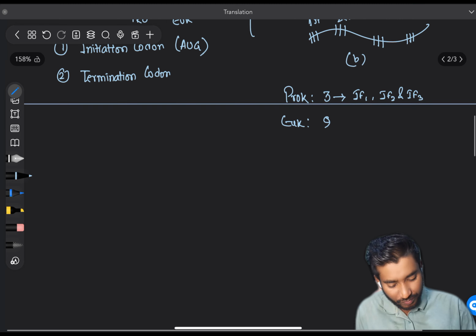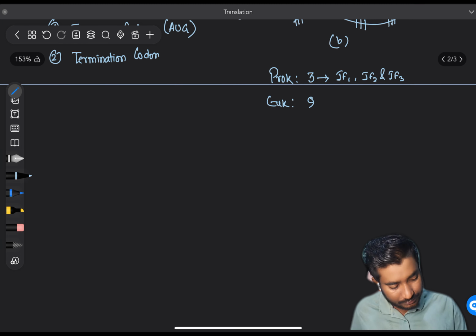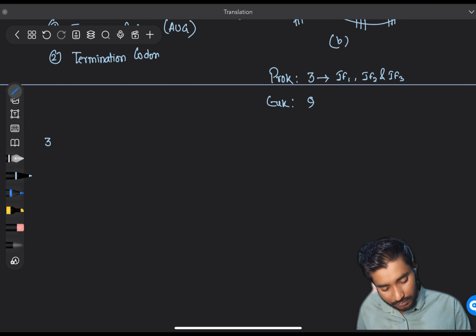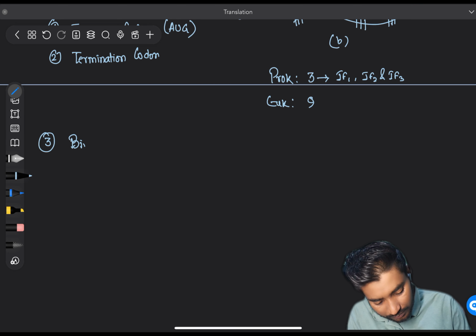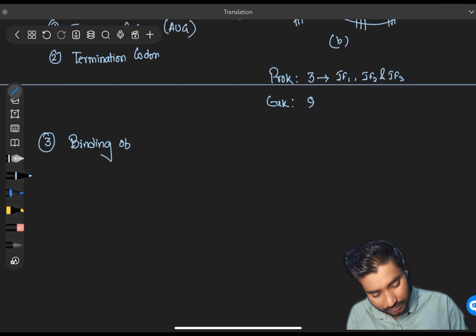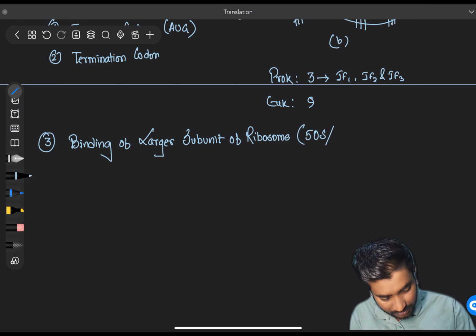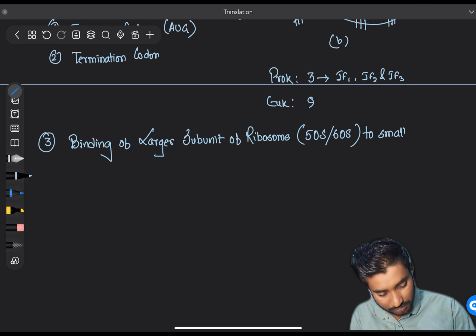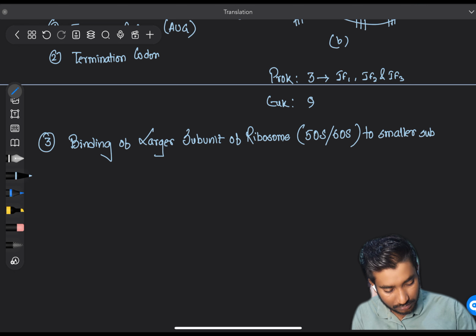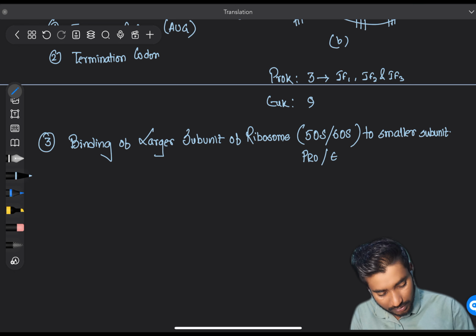Now, in the third part, binding of the larger subunit of ribosome, that is 50S or 60S, to the smaller subunit, in prokaryotic and eukaryotic.